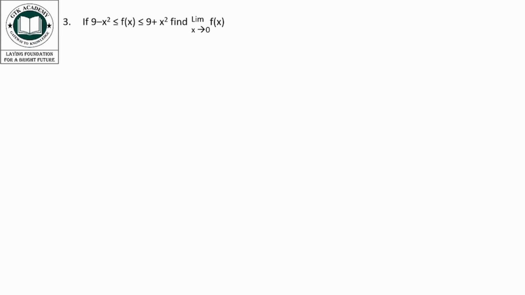The third question, we have a function f(x) sandwiched between 9 minus x square and 9 plus x square, and we are supposed to find the limit at x equal to 0. Now what we'll do is, 9 minus x square, f(x), 9 plus x square. Simply put the limit x tending to 0 on all three. Now on the right-hand function, the limit will be 9, because once you put the value of x as 0, it will become 9, and this will also be 9.